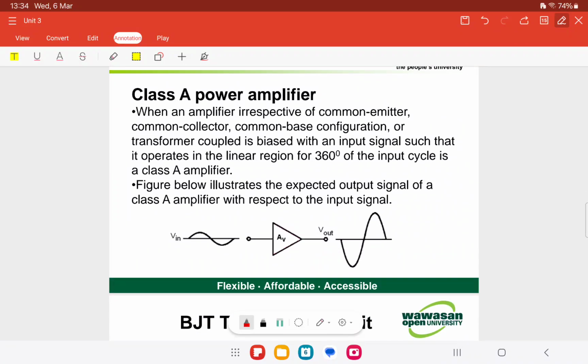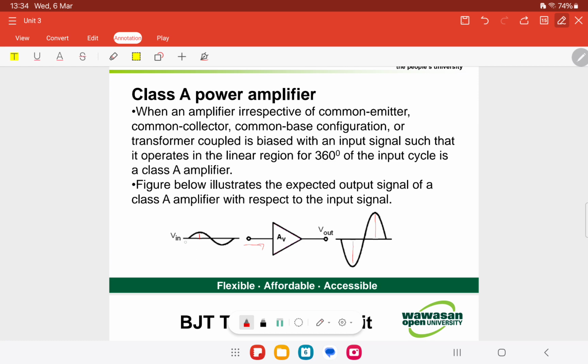This is the input signal for class A, with this maximum amplitude. When it is injected into a power amplifier, we have this output signal with this amplitude for one cycle.